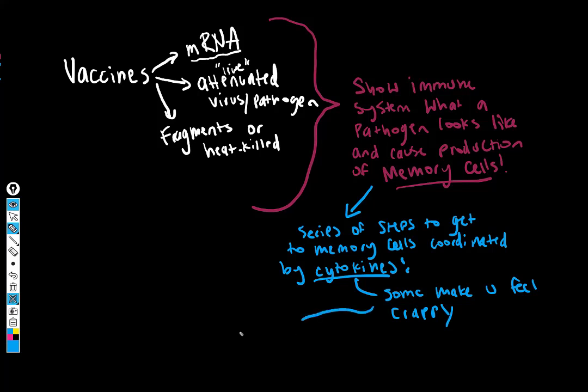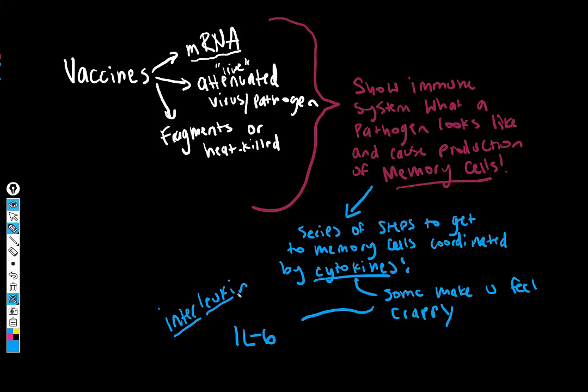So for example, interleukin 6, and the interleukins, inter means between, and leuc means white. So interleukins are a bunch of proteins that white blood cells use to talk to each other.